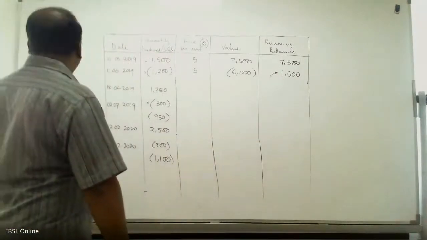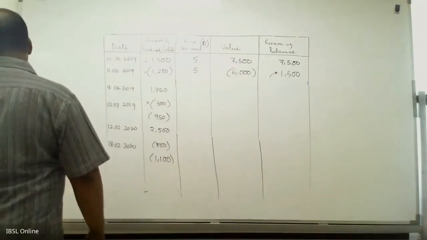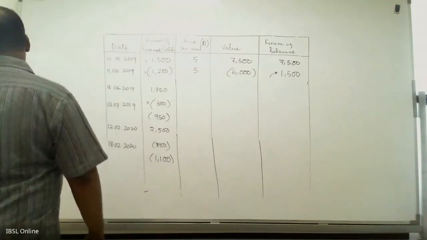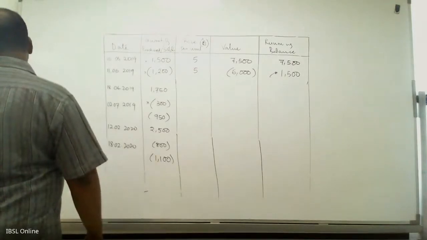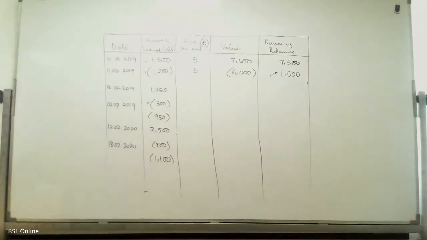Now, before you do the next transaction, that is when you are issuing goods from your stocks, unlike in the FIFO method, here I will have to calculate an average price for the transfer. So how do I calculate the average price?